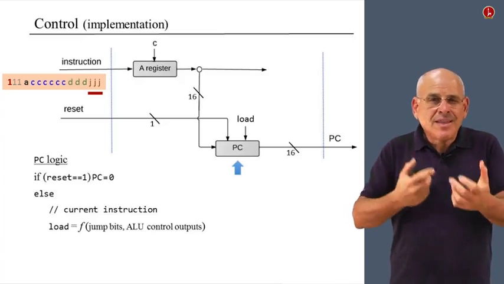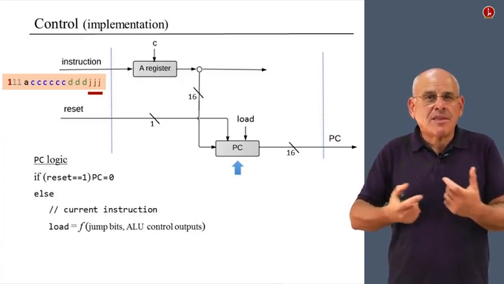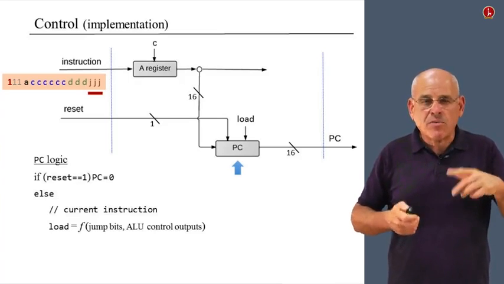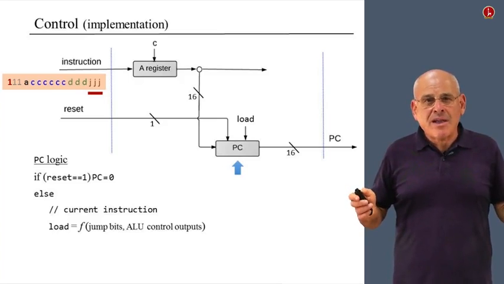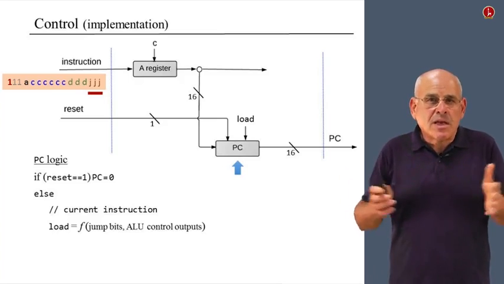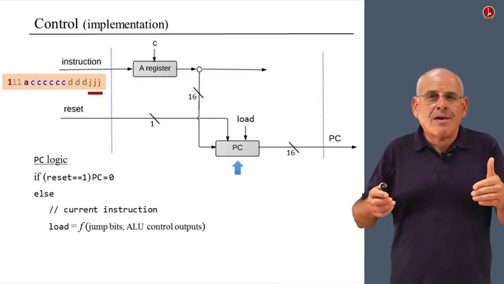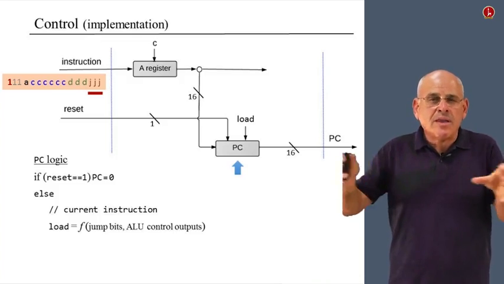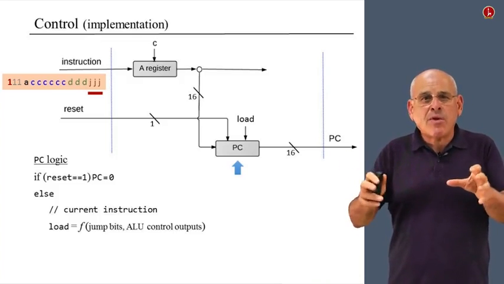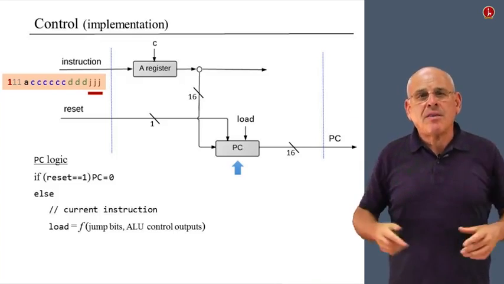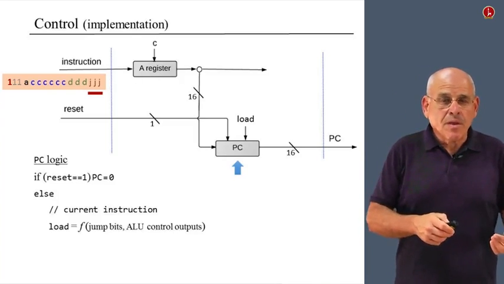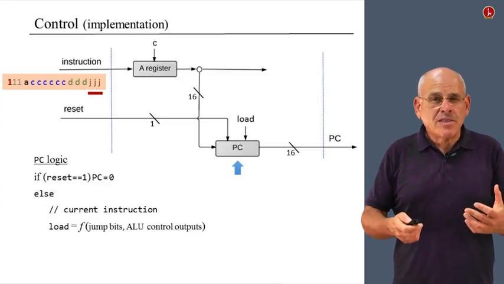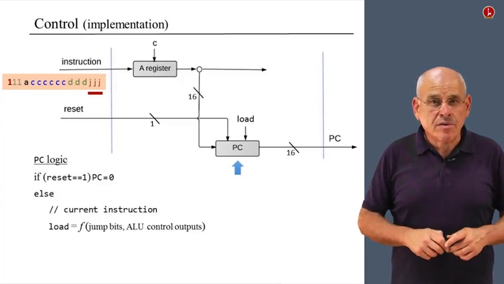So in the slide, I described this decision as a function, this F function, which I made up, completely meaningless in the computer architecture, but I'm using this symbol F to say that we look at these two different pieces of data together, we combine somehow this information, and we make a decision. Do we want to jump or not? I store the result of this decision in the symbol load.